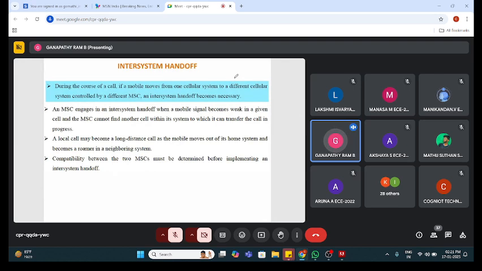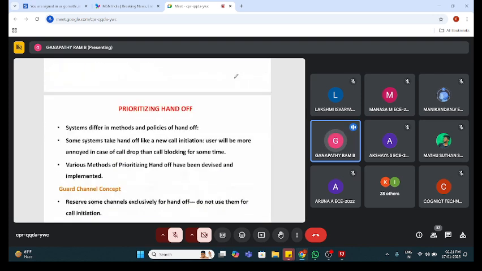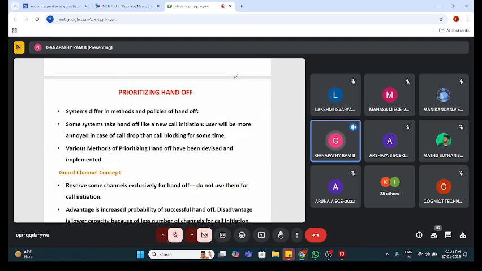So compatibility is the important issue in intersystem handoff, which has been drastically given concern, and various technologies have been introduced, and improvements in intersystem handoff were made during the third generation and fourth generation systems.